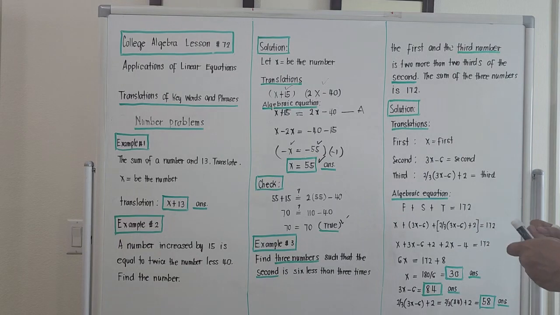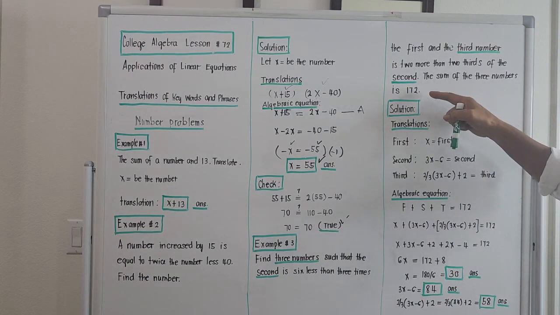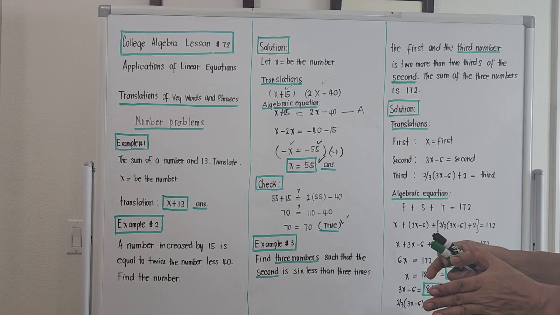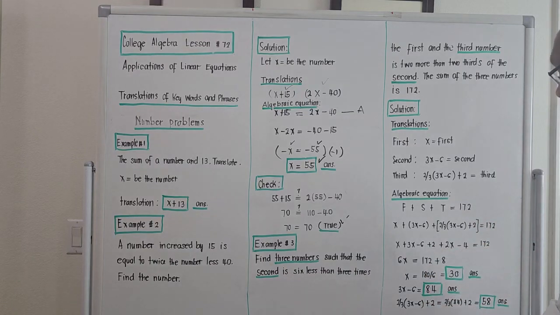And the sum of the three numbers is 172. A little bit complicated in bringing out the words and phrases, so take it easy.